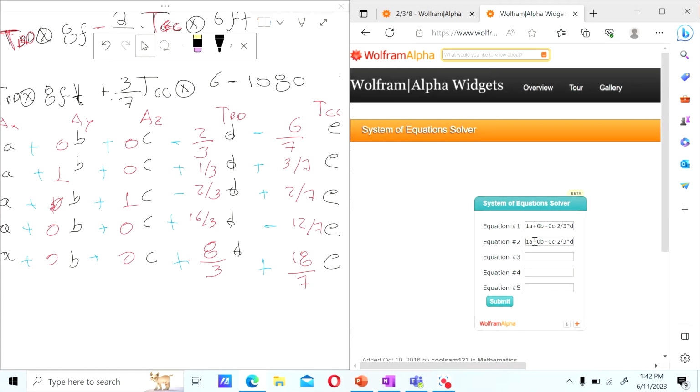The second one is 0, 1, 0, and then plus 1/3 times D and plus 3 over 7 times E equals 270 pounds force.